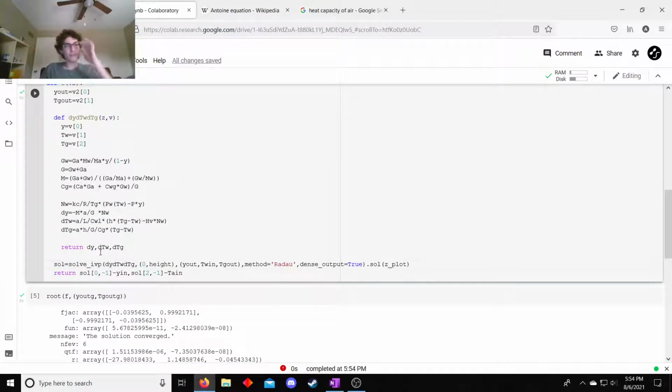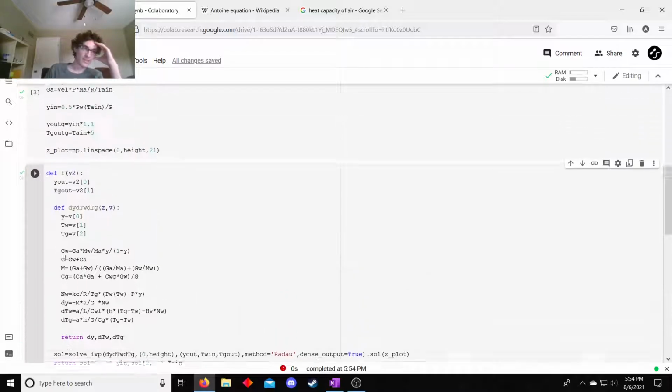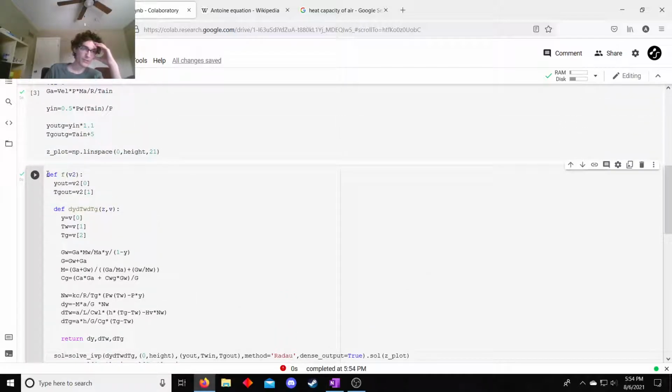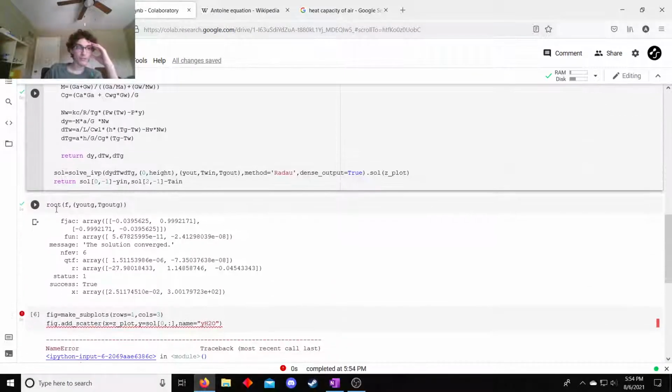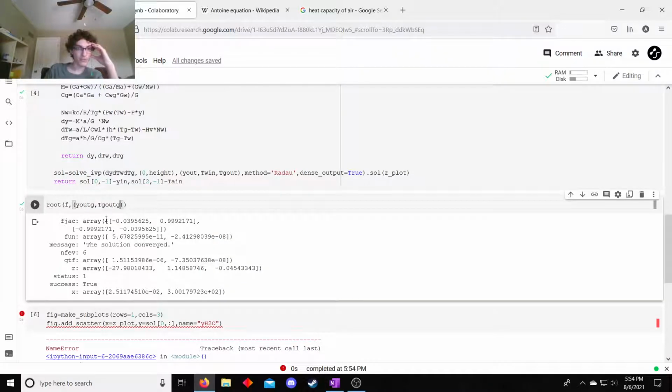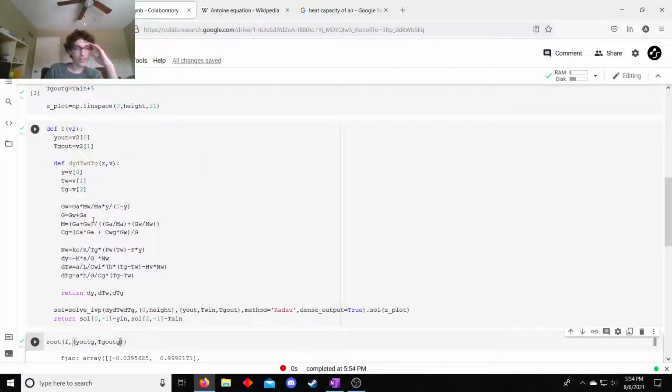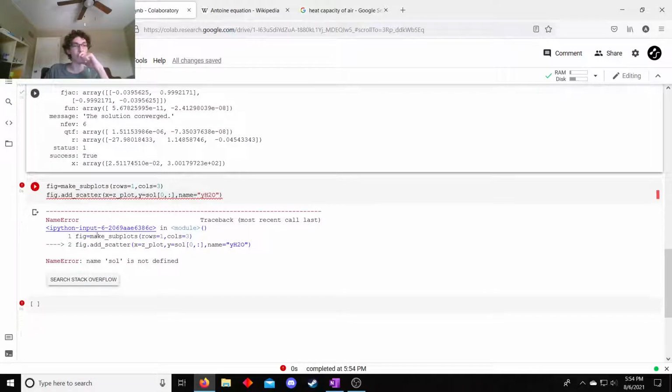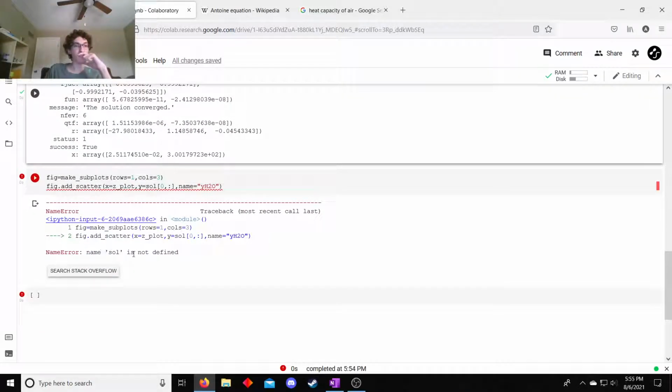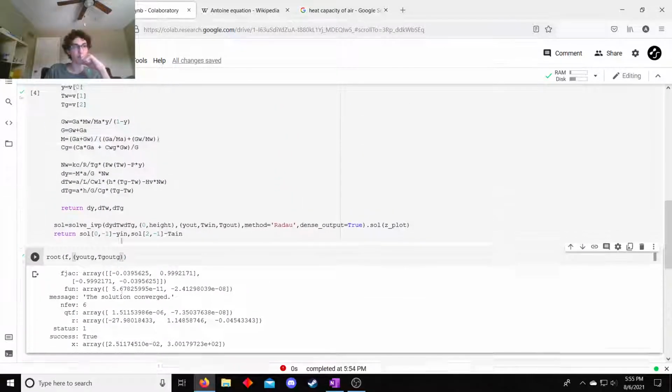But the reason for this is that our solution is inside of this function. This function, f, is what we use for our root, to solve and find the correct values. But SOL is inside that function, so when we try to access it from outside of the function, Python can't see it.